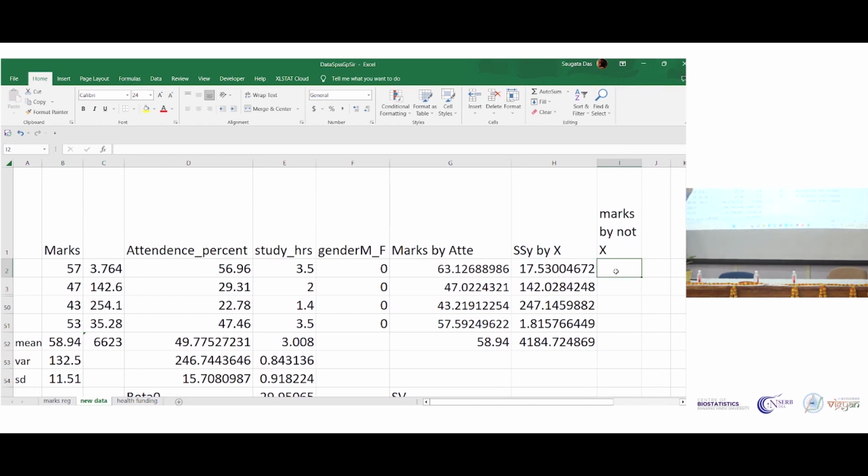In this marks the role of x is available and the role of not x is also available.